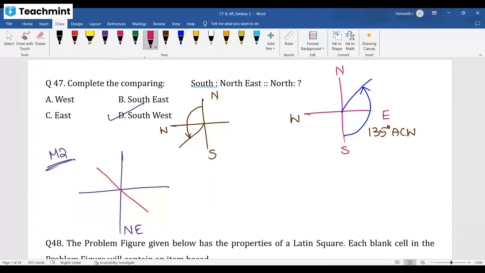Now, what does north become? Previously north is occupied by southwest. Now it becomes southwest, between south and west. That's all they're asking. If south becomes northeast, then north becomes southwest. See the second approach also. Whatever is convenient, it's all up to you.